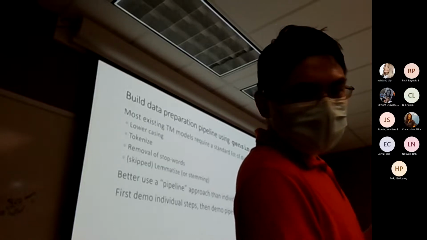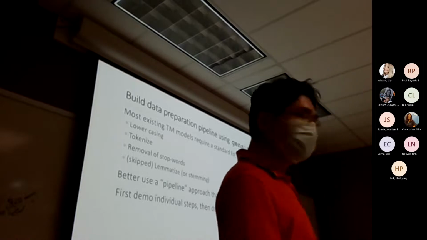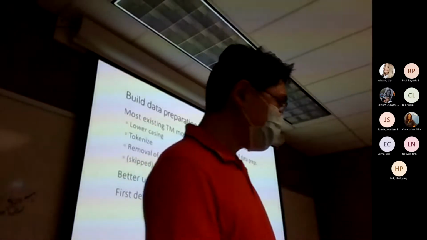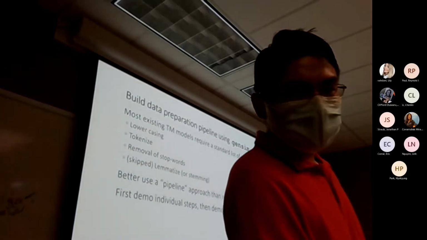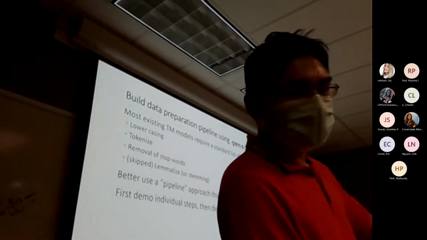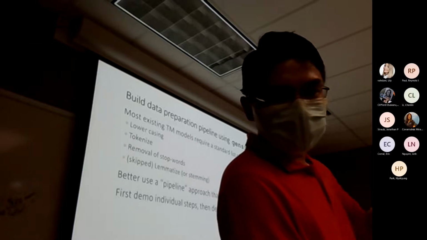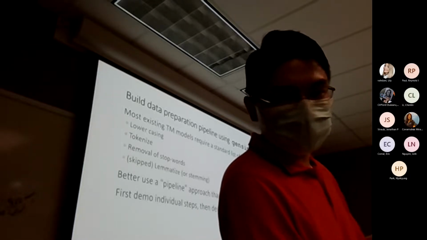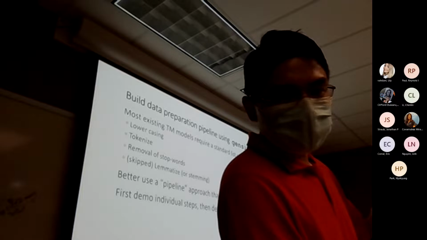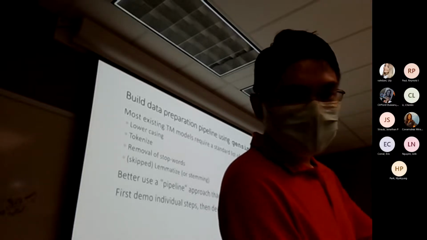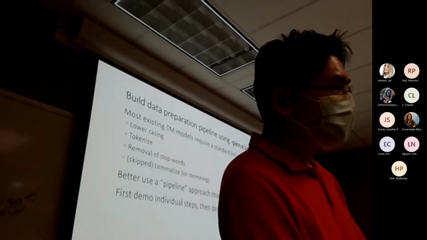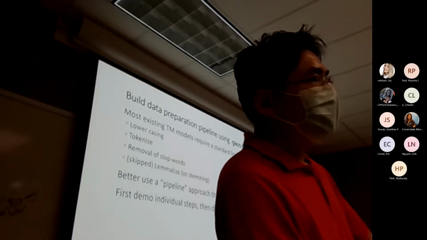Okay, so for the demo, I will go through the code rather quickly and have some bonus questions to really try to understand the process. We'll do lowercasing, which is very easy, just one sentence. But tokenizing and different alternatives for tokenizing, and then removal of stop words, and also removing all the numbers.